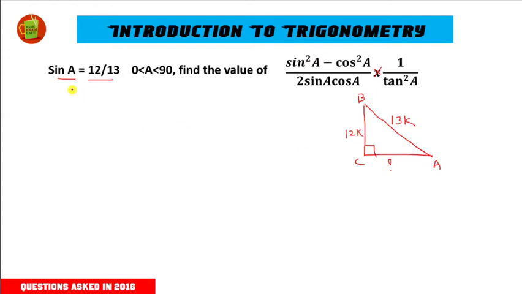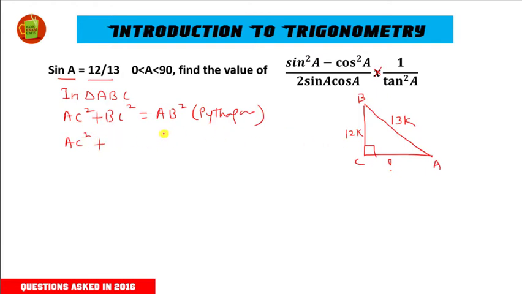So here in triangle ABC, AC square plus BC square is equal to AB square, that is by Pythagoras theorem. So AC square, that we have to find, plus BC square, that is 12k, its square will be 144k square, which is equal to AB square, that is 13k bracket square, that will be 169k square.